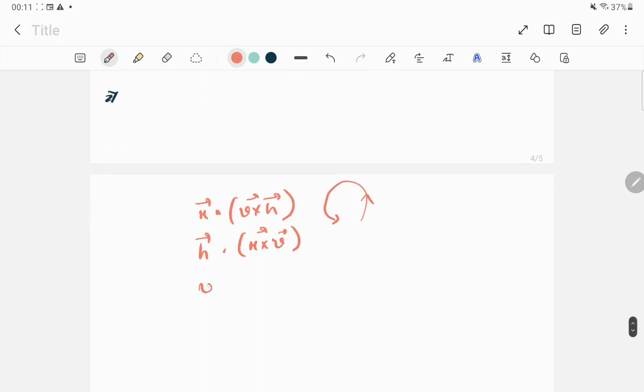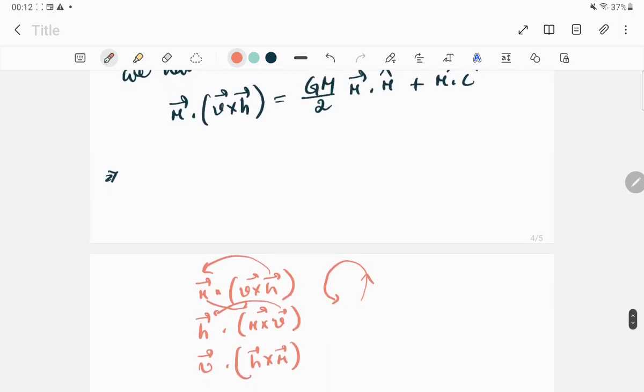Again, if I put h there, r will go this side. Similarly, if I want to put v here, it will be v vector dot h vector cross r. So we can change the position in the anti-clockwise direction. In place of r dot v cross h, we can write h dot r cross v. This is one of the convenient ways to write it.